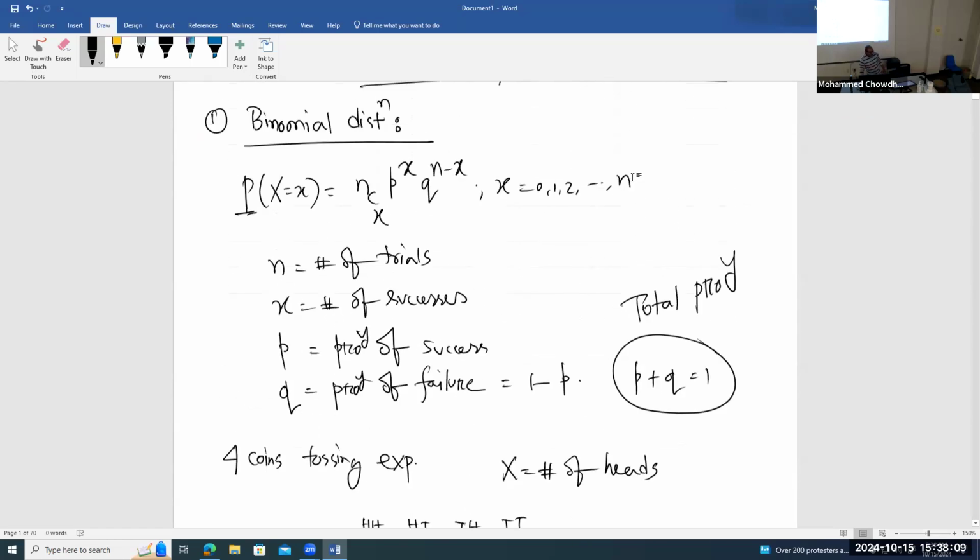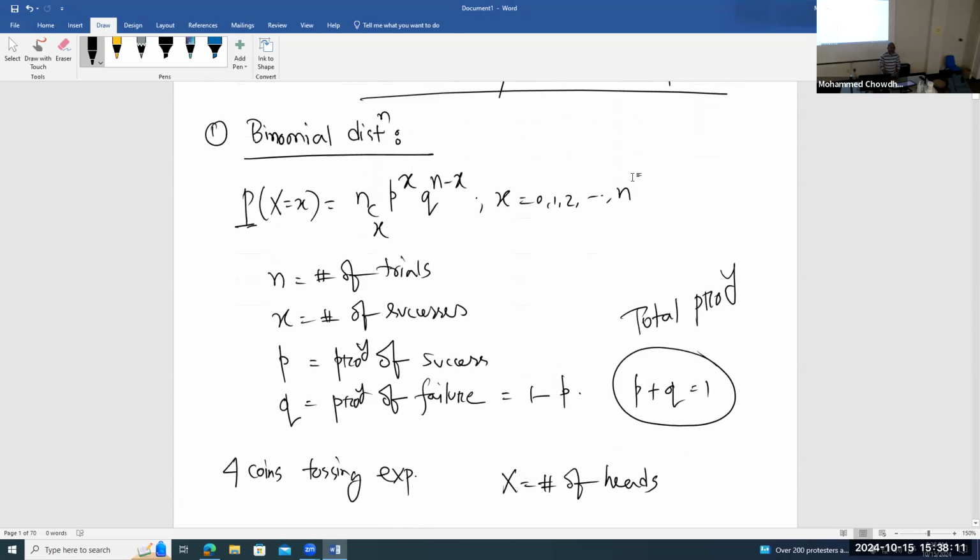Okay, how do you know a problem is a binomial problem? Number of trials is fixed, and number of successes is fixed. Number of trials is fixed means a coin is tossed 10 times, so 10 times is fixed. A hospital has 30 patients, fixed.